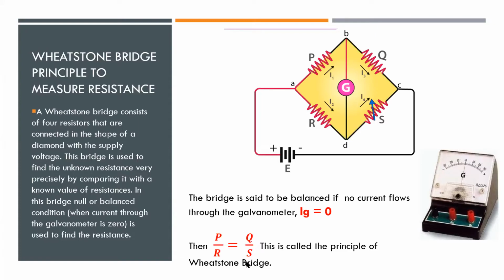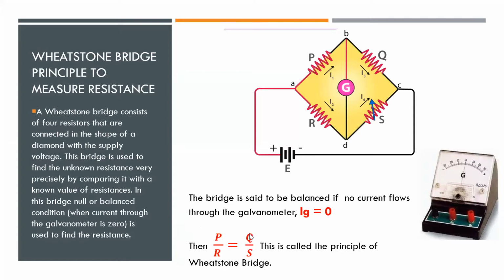This formula is easy to memorize, right? If these 4 arms containing resistances are in a diamond shape, it is easy to memorize. So this is called the principle of Wheatstone's bridge.